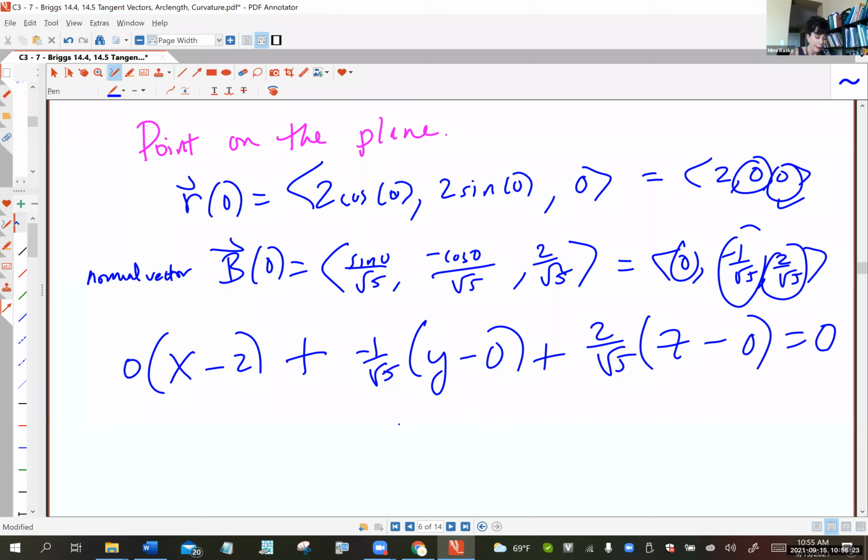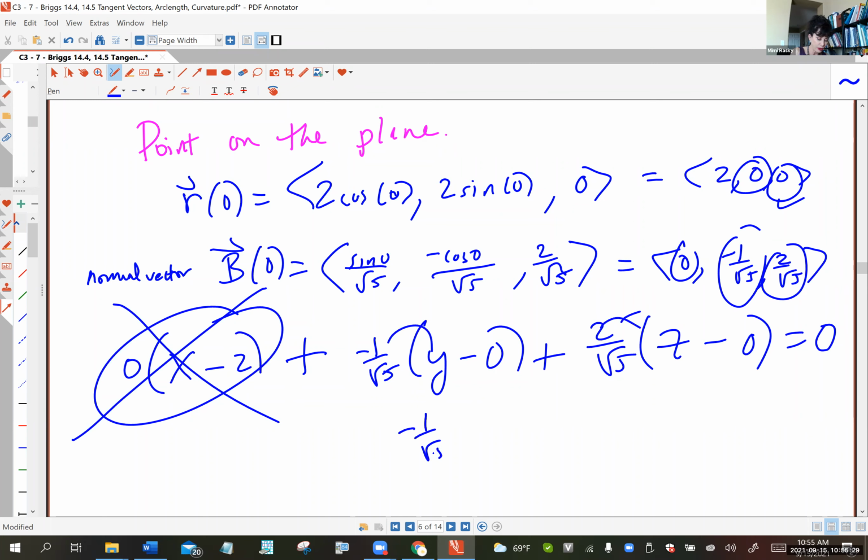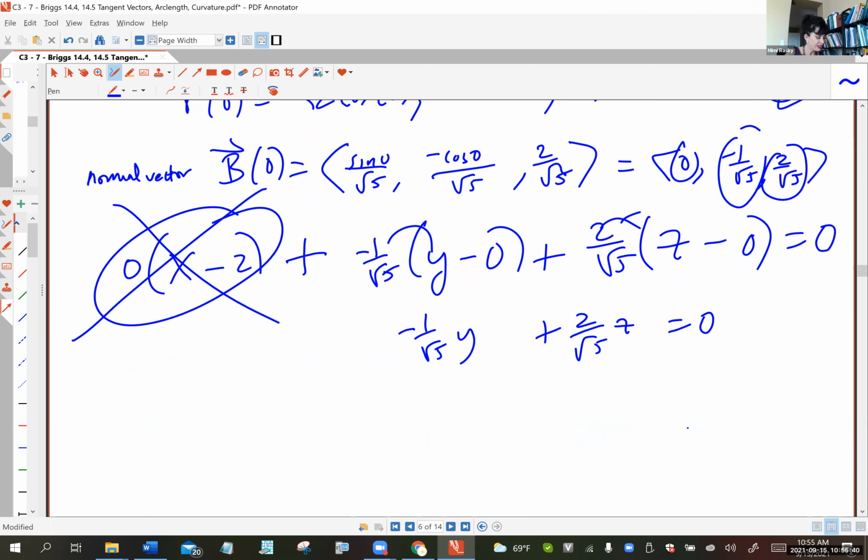We're almost done. 0 times anything, get rid of it. Distribute, so we're going to have negative 1 over square root of 5 y plus 2 over square root of 5 z equals 0. And I don't like fractions. Plane equations that have fractions are legit, but they look yucky. So how about if we simply make this look pretty by multiplying both sides of the equation by square root of 5.